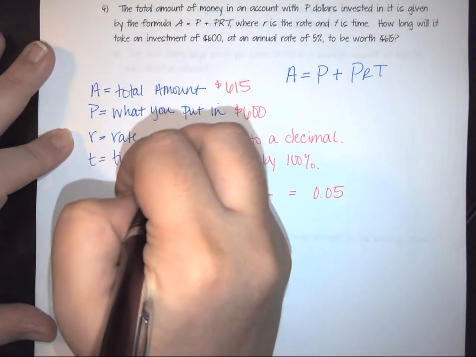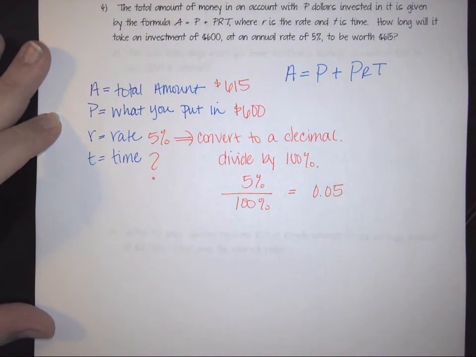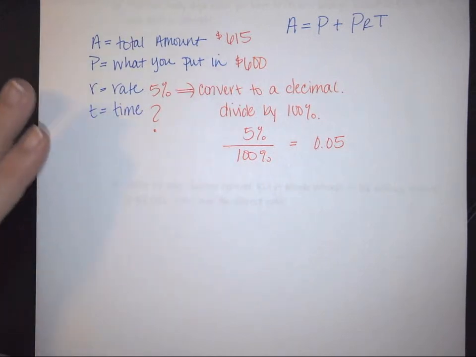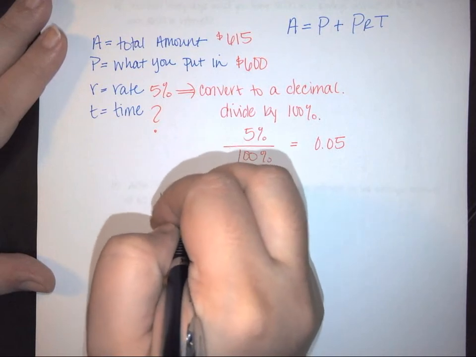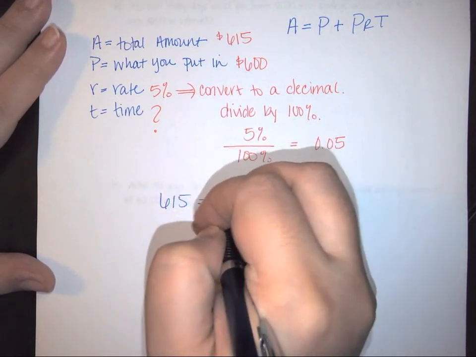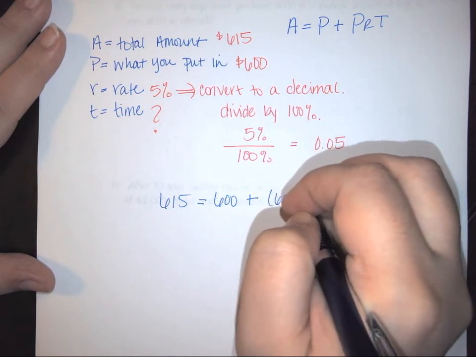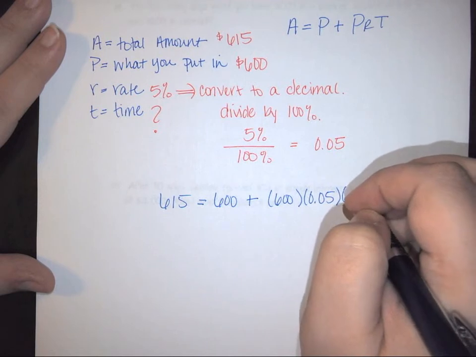And then the time in this case is the unknown. So we have to plug in the information that we have and solve for the unknown. So I have A, so 615 is equal to 600 plus, and then I have 600 times 0.05 times T.